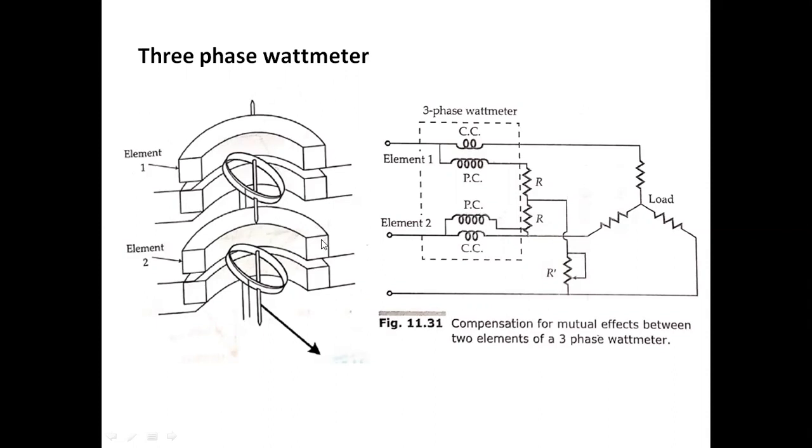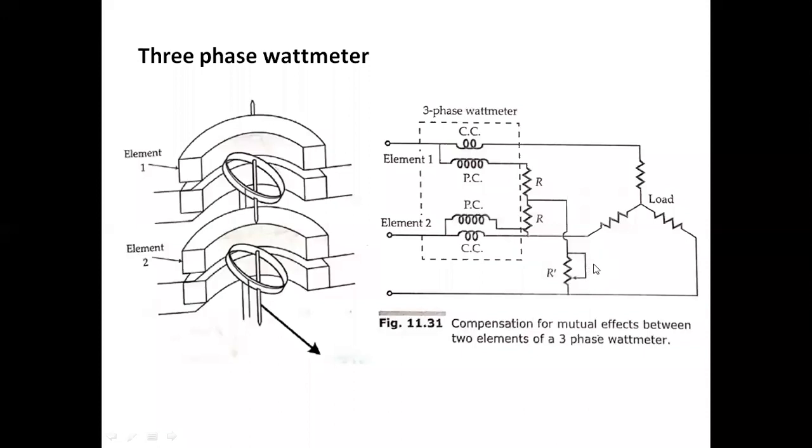That means the deflection torque of this entire moving system at this instant is proportional to total power. In this three-phase wattmeter there is no mutual interference, because it is eliminated with the help of the externally connected resistance.